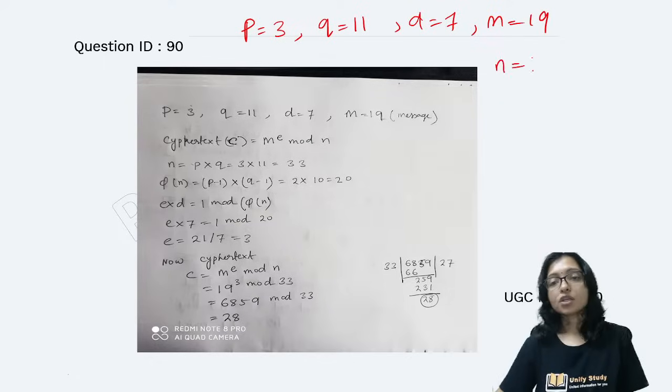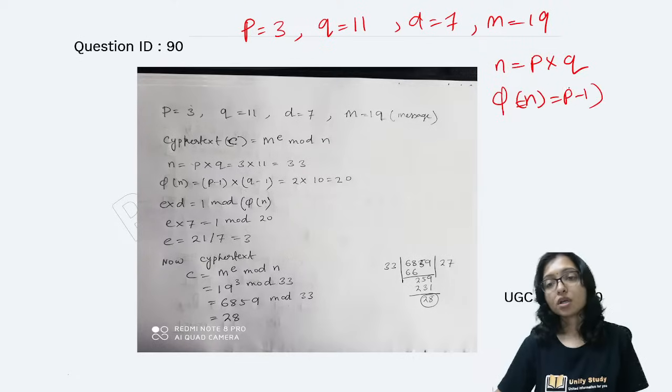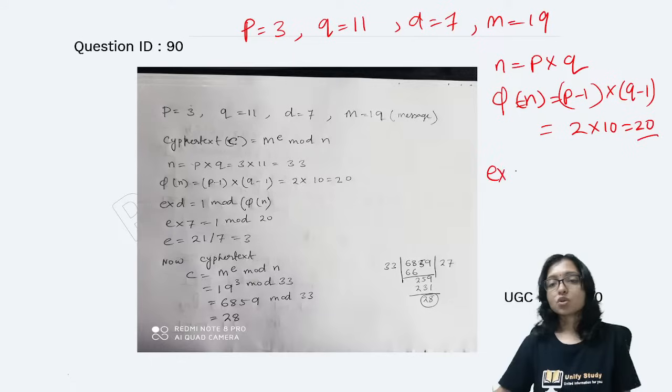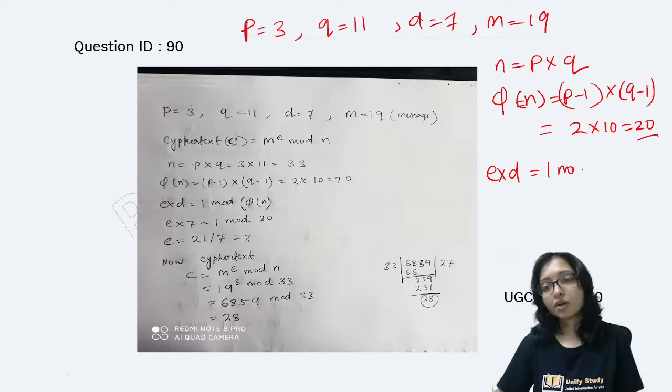So I have to do N equals P multiplied by Q, and phi N equals P minus 1 multiplied by Q minus 1. So here it is 2 multiplied by 10, that means 20. Then we have to do E multiplied by D equals 1 mod phi N.